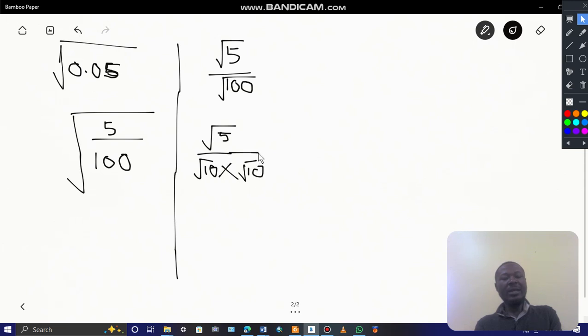Or if you do it straight, the square root of 100 is 10, obviously. And the solution here is root 5 over 10. It means we have simplified that expression. And then what else do we have?